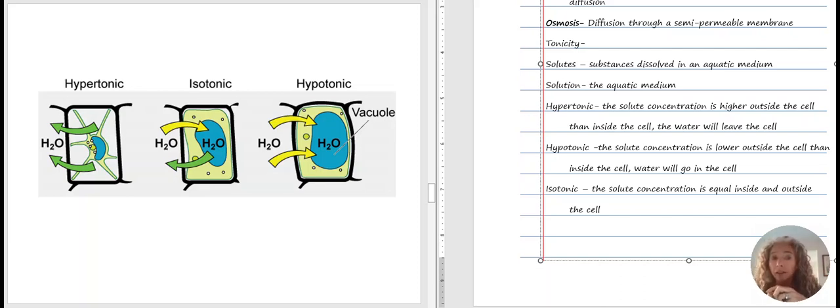In an isotonic solution, again, you get movement of water into and out of the cell, but you're not going to get any net change. And then in a hypotonic condition, that central vacuole is going to swell up and take on more water. Some cells could burst. A plant cell won't burst because it has a cell wall, but some cells that don't have cell walls could potentially burst in hypotonic situations.